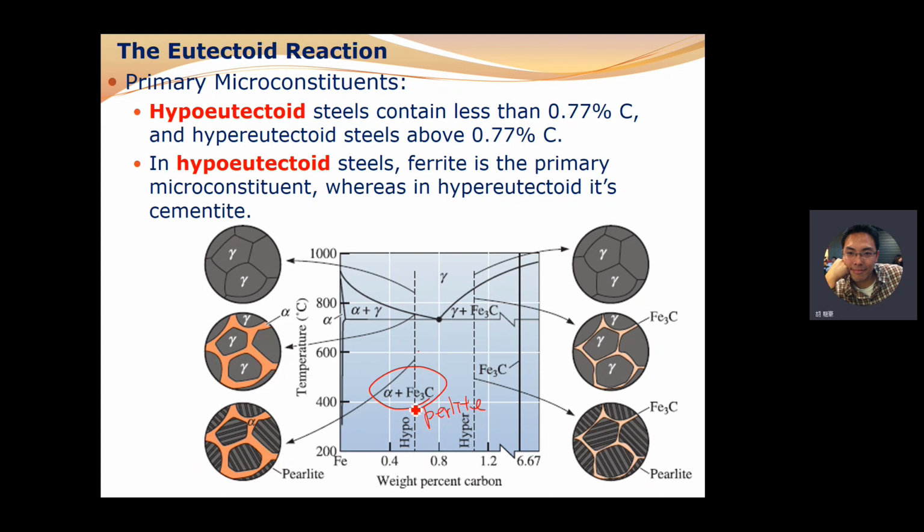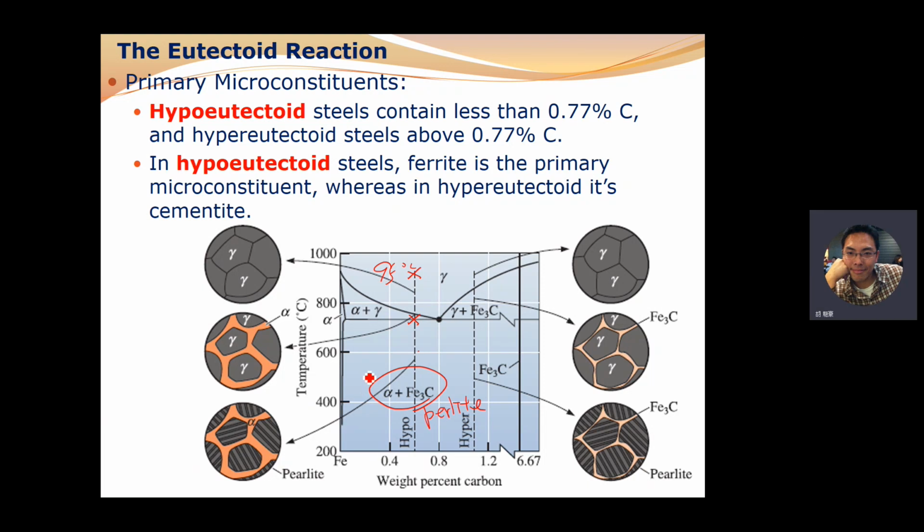No matter which composition you cool down, finally you transform to a pearlite structure. For example, if we choose one composition at a temperature of maybe 900, 950 Celsius, and we keep cooling down below this 723, below this eutectoid temperature.